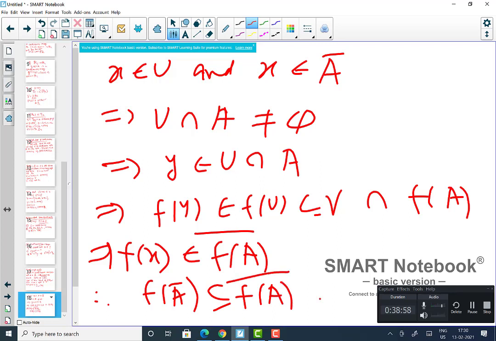Okay, this is the meaning of that. So I choose an element x from A closure, so f of x is in f of A closure. Now I also prove that f of x belongs to the closure of f of A, so that means f of A closure is a subset of f of A whole closure. Okay, so this is number 2 that proves. Now let me give 2 implies 1.